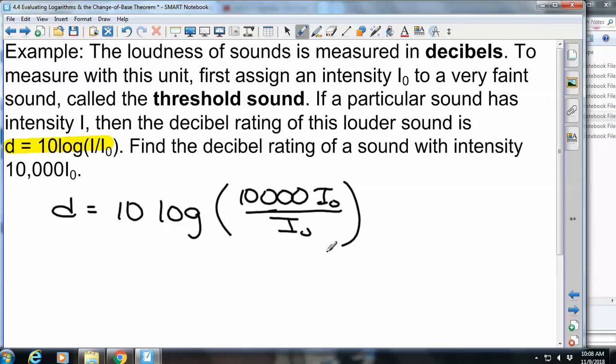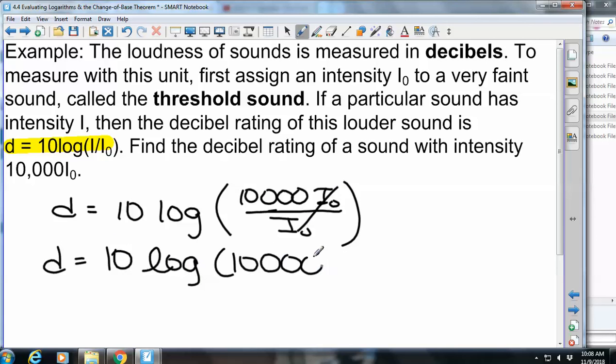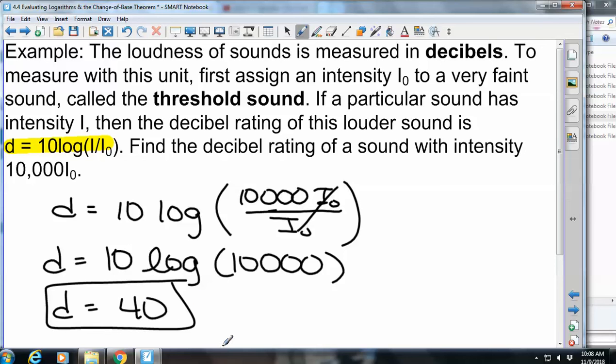What do you notice right there? The I sub 0's cancel. So our decibel rating is 10 times the log of 10,000. What do you get? Our decibel rating is 40. It's 40 decibels.